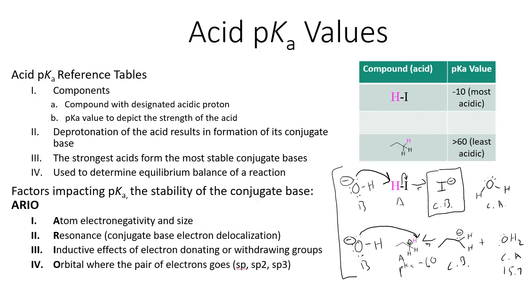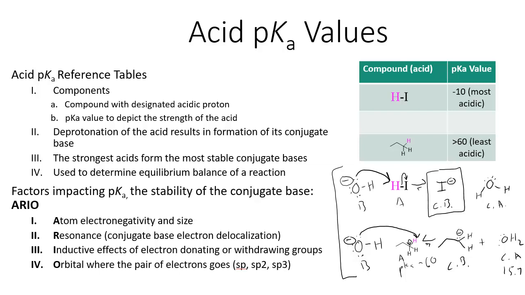Looking at how this relates as we continue, there's no resonance potential with this. There's no other place that negative charge can go. There aren't any inductive effects. There aren't any other functional groups on carbons away from where this iodine is. And in terms of the orbital, looking at iodine in comparison to chlorine or fluorine or bromine, all of those electrons would go to the same orbital, so that also has minimal impact on how stable the conjugate base is.